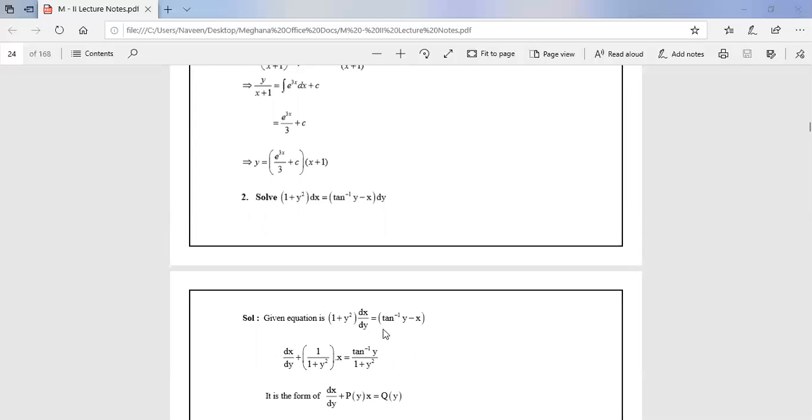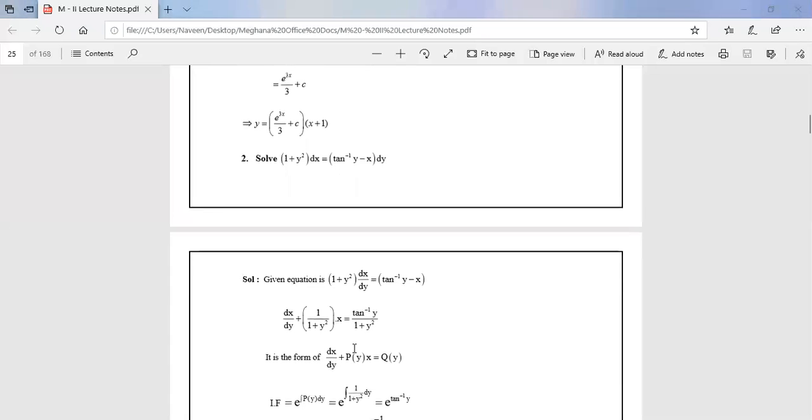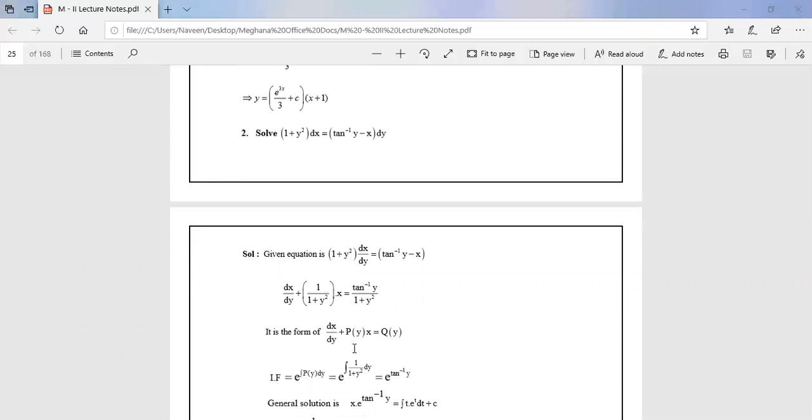After simplification, the differential equation is dx by dy plus 1 by (1 plus y square) into x is equal to tan inverse y by (1 plus y square). Now observe this differential equation. Is it in the form dx by dy plus p of y into x is equal to q of y? Yes, it is. So it is a linear differential equation of first order in x.